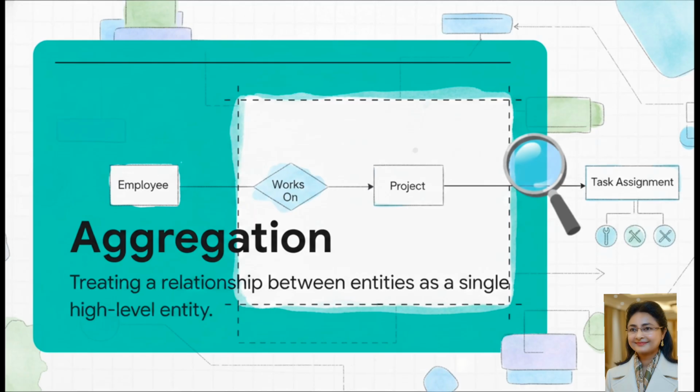But what if we need to track what specific tools were checked out for that specific employee working on that specific project? We can't just attach the tool to the employee or to the project. It doesn't make sense. So we use aggregation to literally wrap a box around that entire employee works on project relationship, and we treat that whole interaction as a single new entity. It allows us to build incredible, multi-layered complexity without breaking any of our foundational rules.